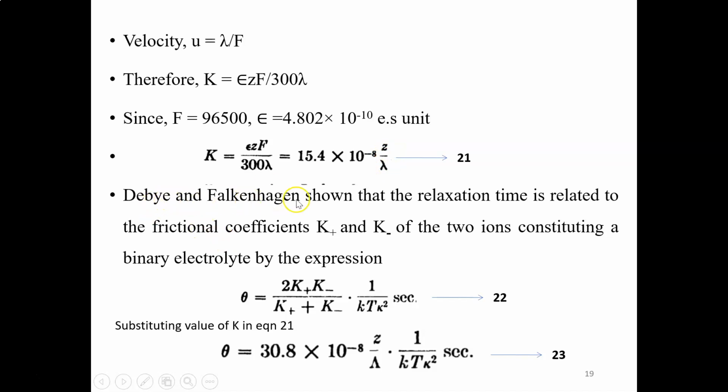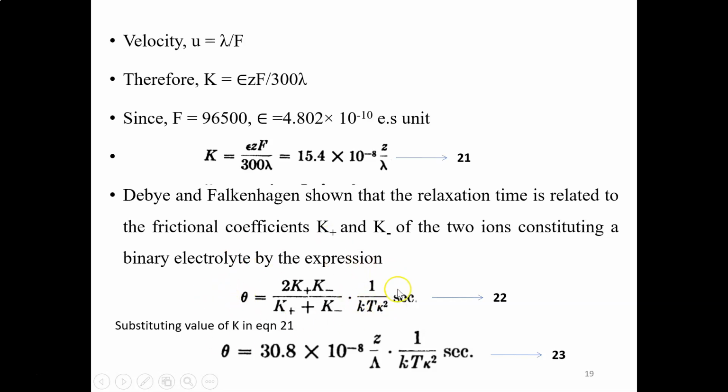The Debye and Falkenhagen showed that the relaxation time is related to the frictional coefficients K plus and K minus of the two ions, constituting a binary electrolyte by expression theta is equal to 2K plus K minus divided by K plus K minus multiplied by 1 divided by KT kappa square.